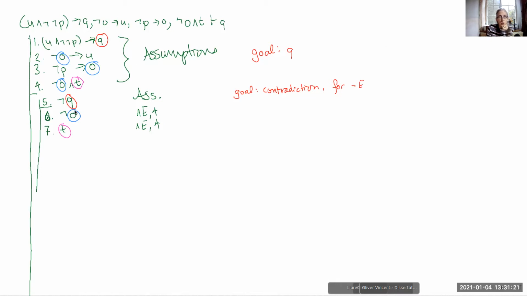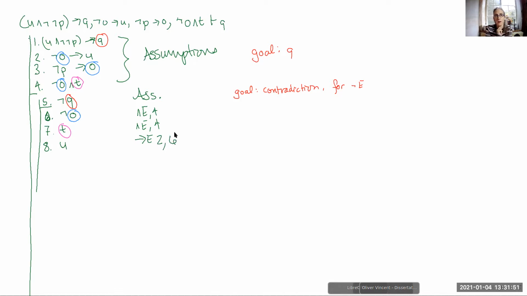In fact, not only do we have O in a variety of premises, we have not O in line 6, and that's also the antecedent of what we have in line 2. So following the rule of thumb of applying elimination rules whenever you can, we have a conditional in line 2, we have the antecedent in line 6, and conditional elimination allows us to write down the consequent. So that is conditional elimination, lines 2 and 6.